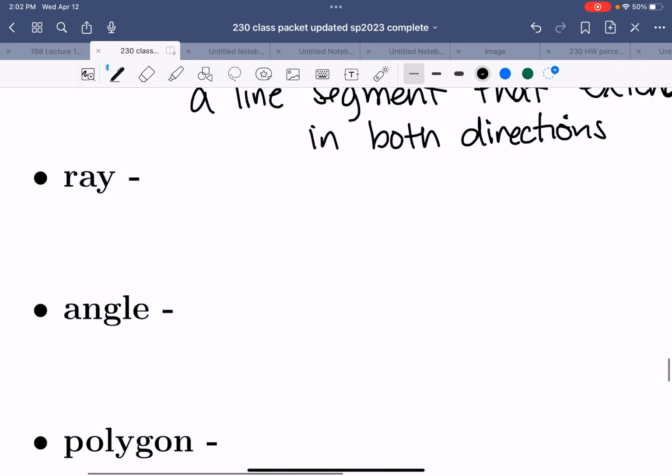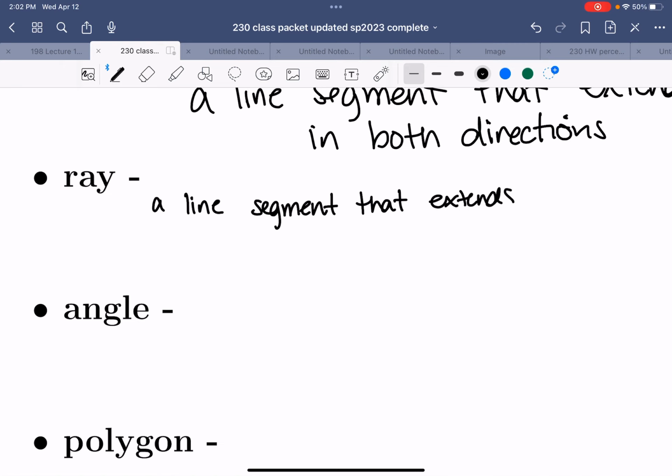A ray is then, oh, sorry, I was going to give you angle. A ray is a line segment that extends infinitely in one direction.